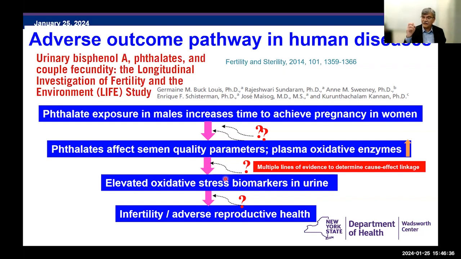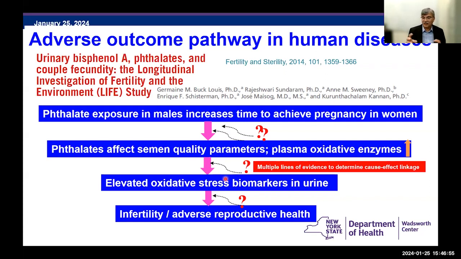But by providing multiple lines of evidence from exposure to effect, you can accomplish that. That's what we can do in biomonitoring. It is very little studied, but this is the direction that we are taking in our lab.